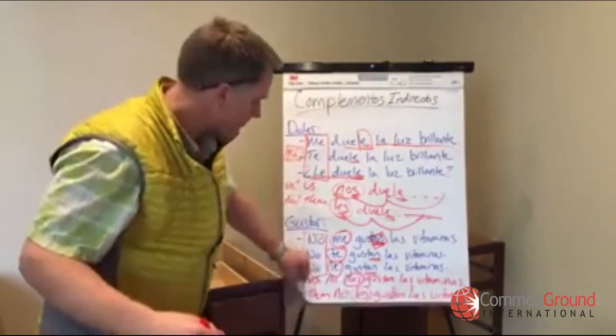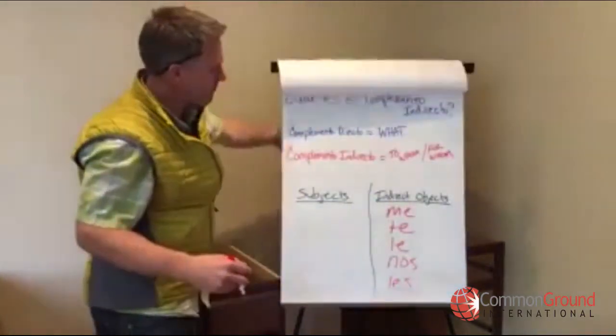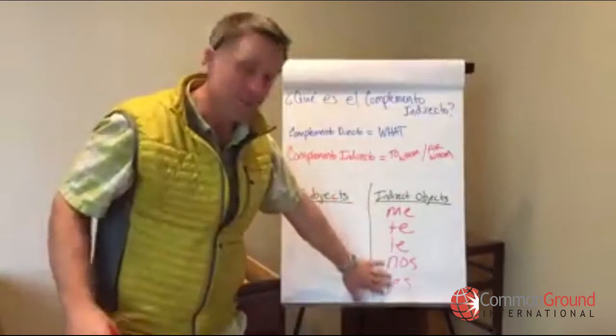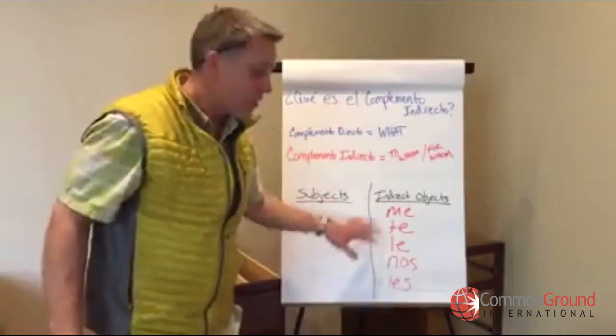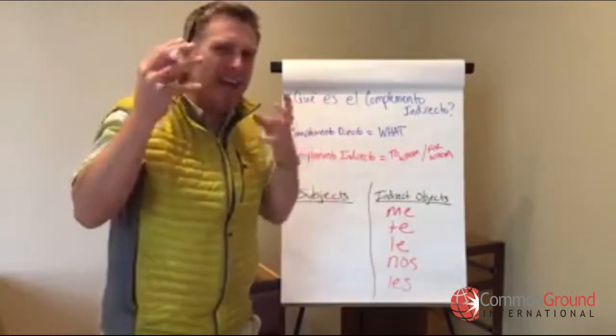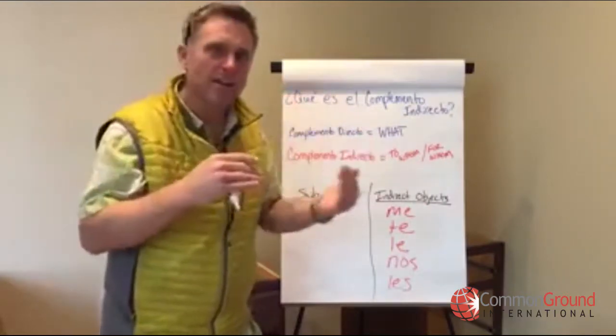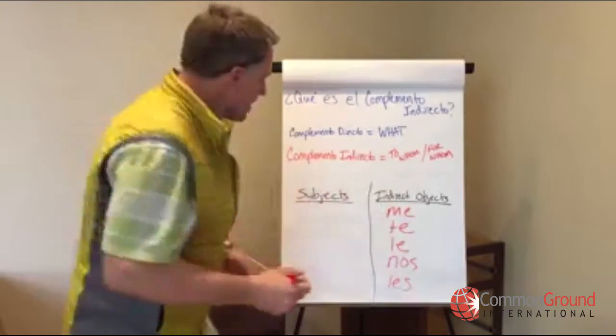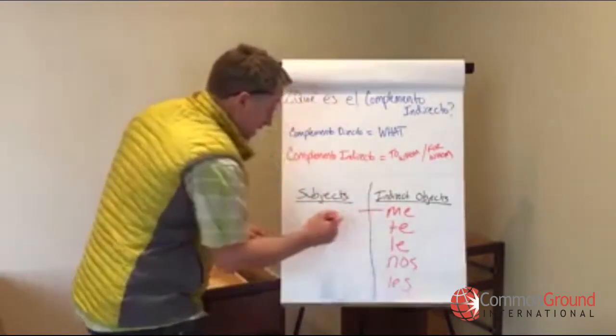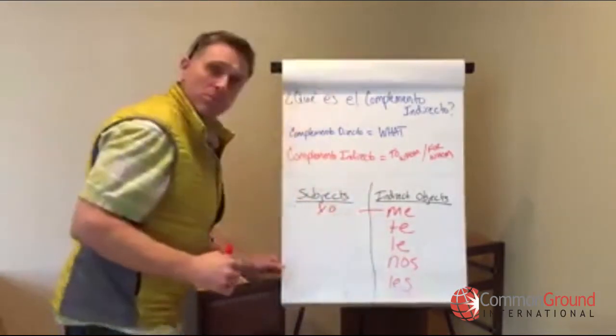So these all come directly from those examples. These are indirect object pronouns. They're not subjects, but you could categorize it and connect it to a subject so that you understand which to use when. So me is going to relate to yo, right?